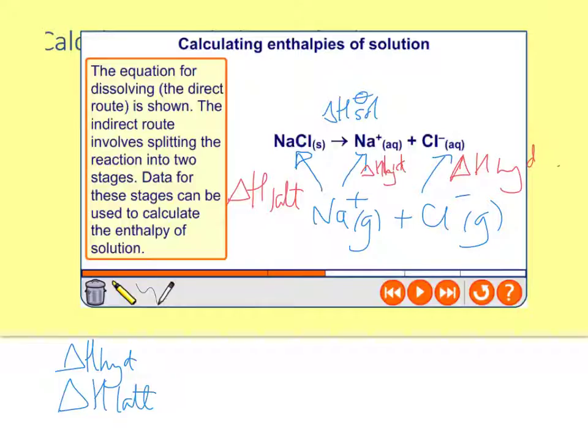So what you're going to be able to see is we're going to do a Hess's law. When I say Hess's law, we always start at the non-arrowhead end of the arrow, and instead of going along the arrow, we're going to go back this way and along that way.